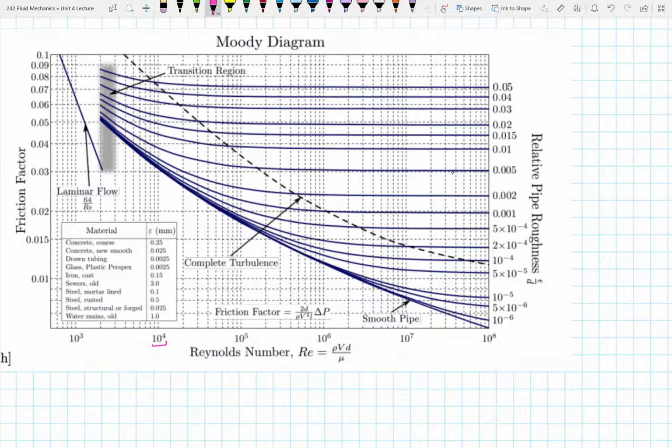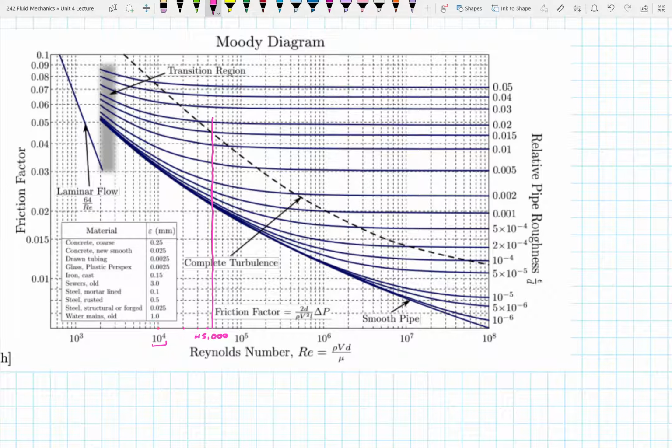So this is 10,000 right here. So then this number is 20,000, 30,000, 40,000. And so 45,000 will be somewhere right in here. So we're just going to go ahead and draw this line all the way up as straight as we can, right around our Reynolds number point, which is about 45,000-ish.